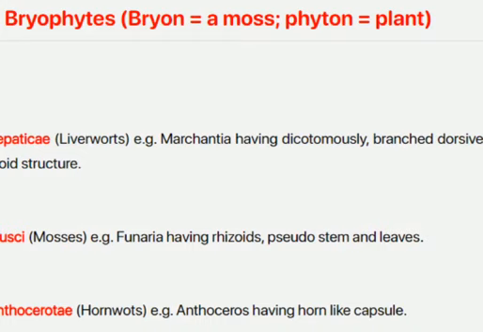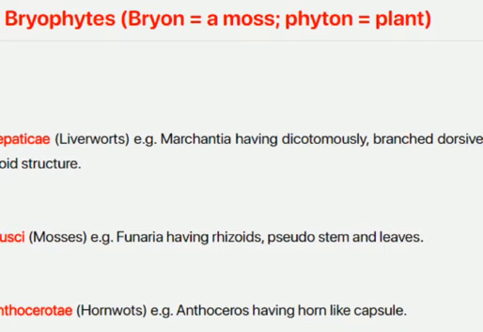Now, groups of bryophytes. Bryophytes are classified into 3 groups. Number 1, Hepaticae. These are liverworts. The example is Marchantia, having dichotomously branched dorsiventral thalloid structure.